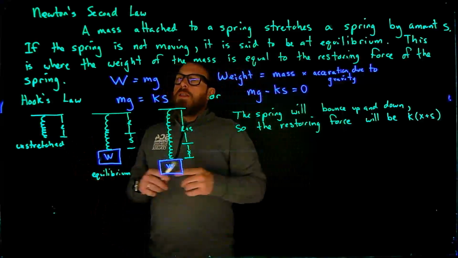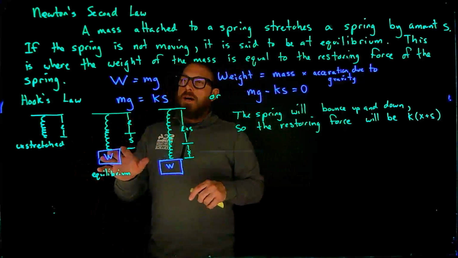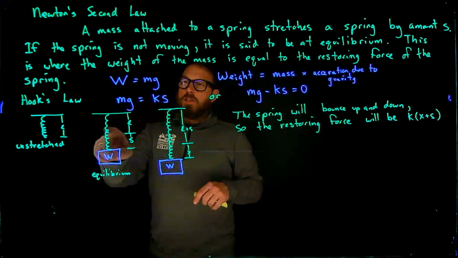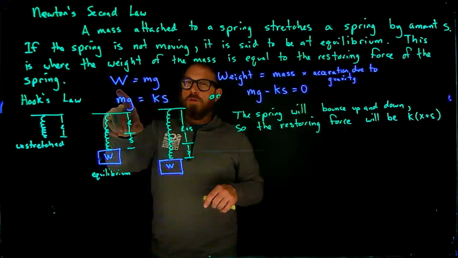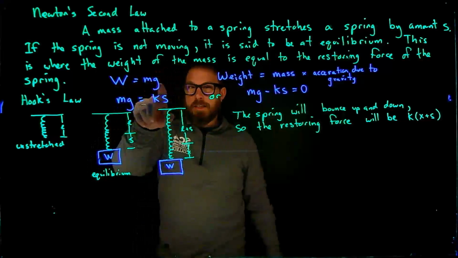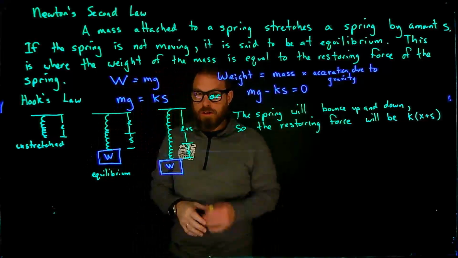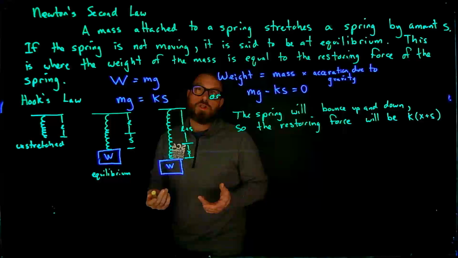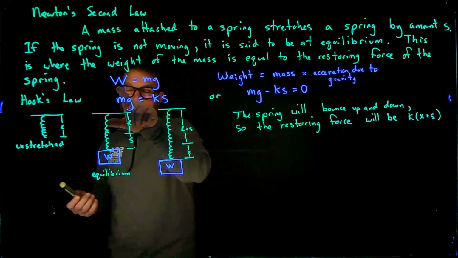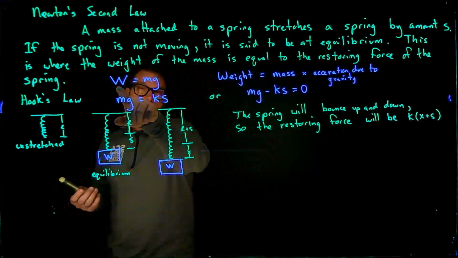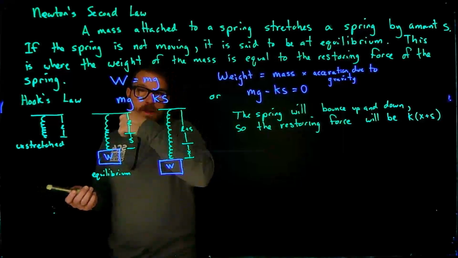Let's go through the math here. What I know is that the weight this mass applies to the spring is going to be equal to its force, which is mass times acceleration, and the acceleration is due to gravity, which we call just G. So this really is the same thing as that force right there, M times acceleration.